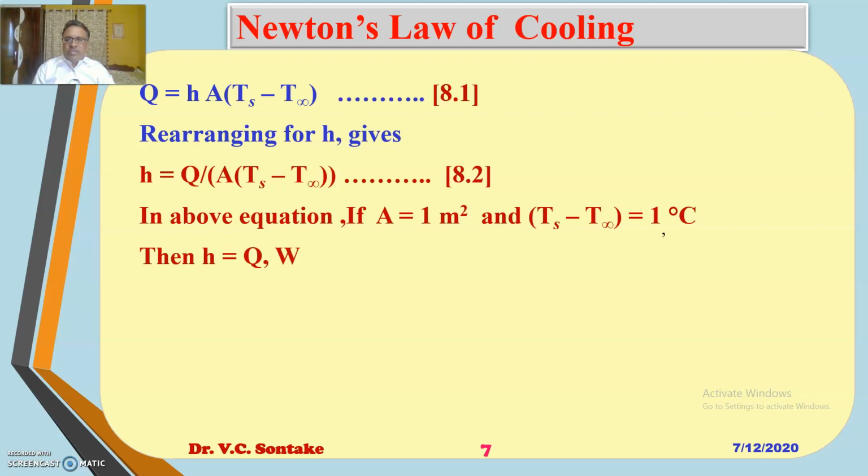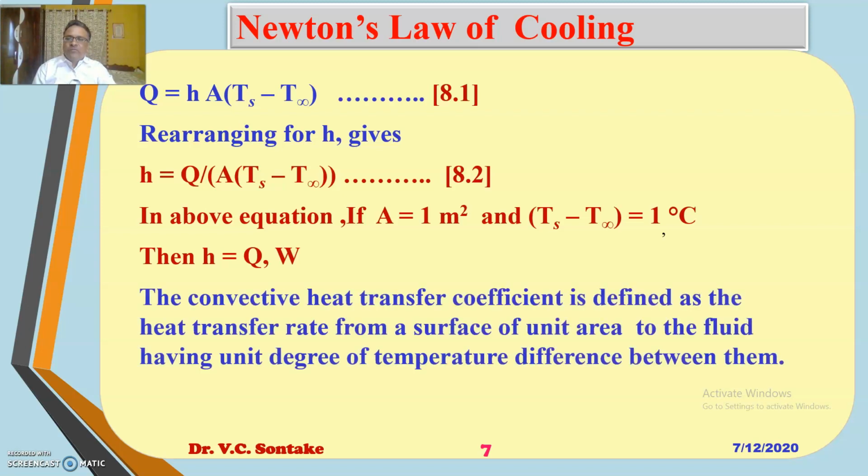Now what does it mean? From here I can define the convective heat transfer coefficient. The convective heat transfer coefficient is defined as the heat transfer rate by convection from a surface of unit area to the fluid having unit degree of temperature difference between them.